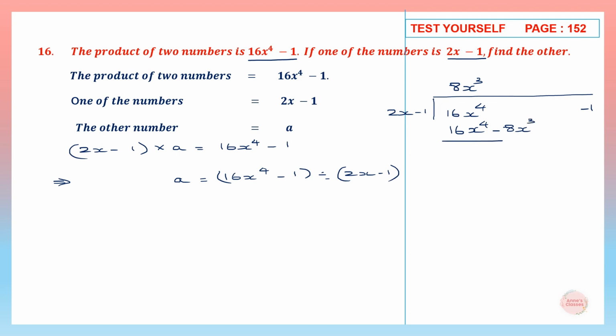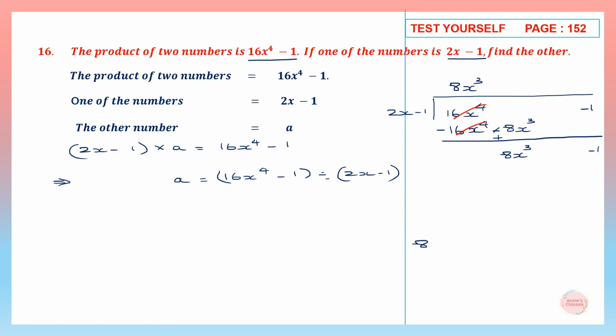Now we're going to do a normal subtraction. So this becomes minus and this becomes plus. Here these two get cancelled, and here I have plus 8x cube, and this minus 1 I will leave there at the end. Again, take the first term of the dividend divided by the first term of the divisor.